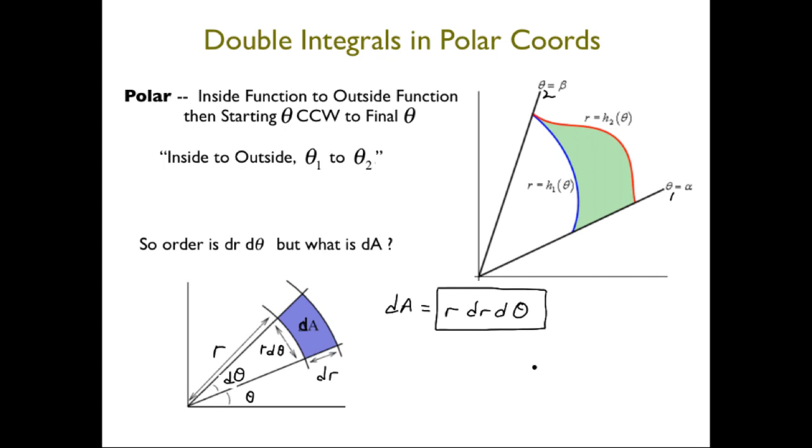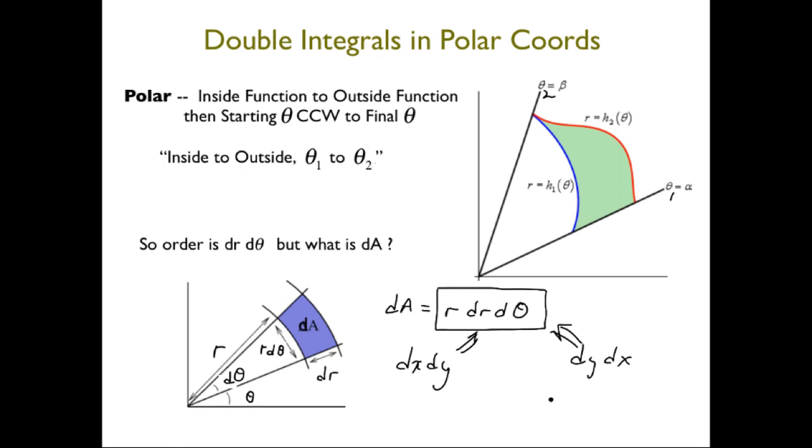So whenever you change from rectangular to polar, dx dy or dy dx becomes r dr d theta. Got to have that r. And so then what happens to the r? The r latches on with your integrand and becomes part of your antiderivative. It enters the picture through dA, but then it grabs onto whatever the function turns out to be.